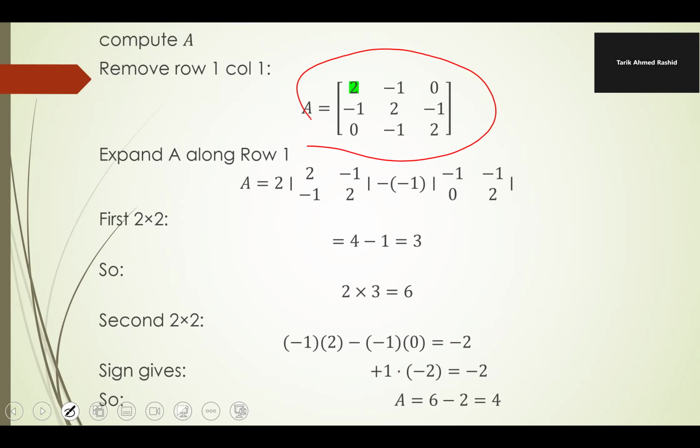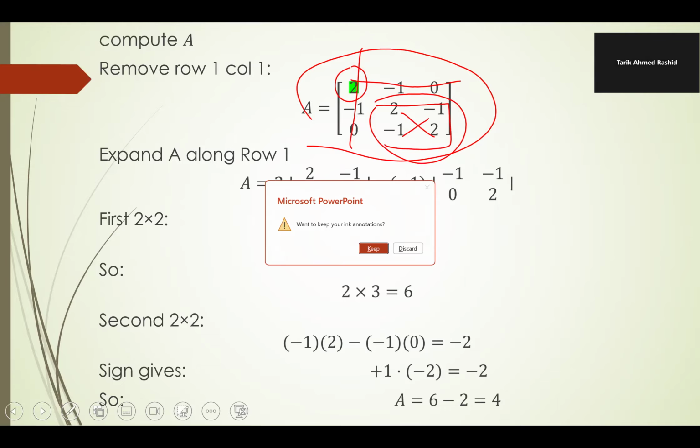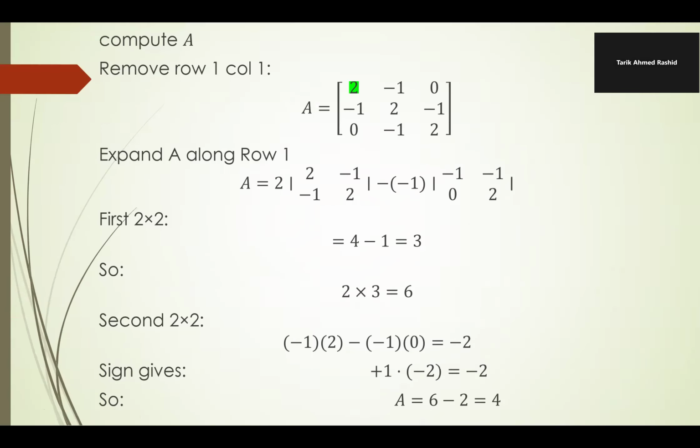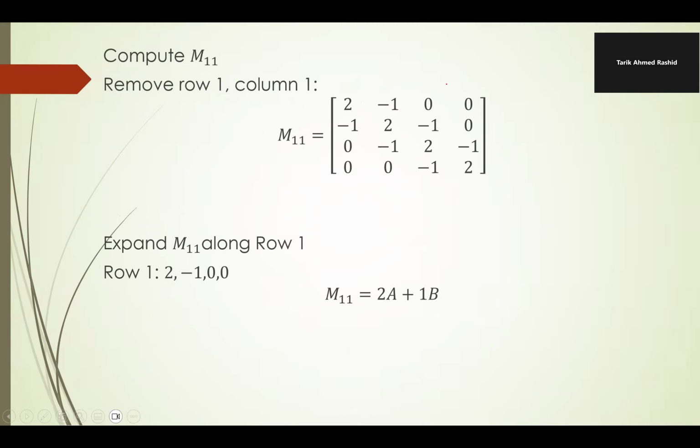That is A. So do the expansion of A along row 1. So this is the first term. If we take the first term, we will ignore this part and ignore this part. Not remove, just ignore. So we will do the calculation for this one: 2 multiplied by 2 and minus 1 multiplied by minus 1. I'll try to do it one more time so that you don't forget it.